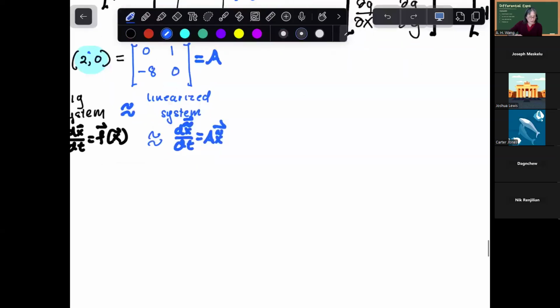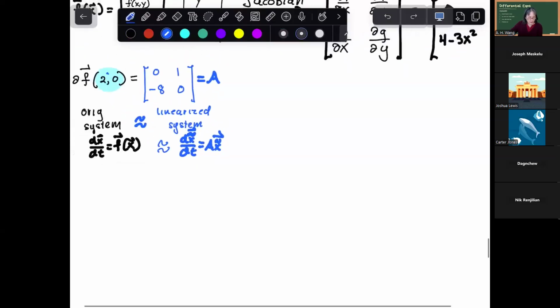Now, with the A of the new system, we can do the characteristic equation. What is the characteristic equation? P of z equals z squared minus the trace, which is 0, plus the determinant, which is plus 8.